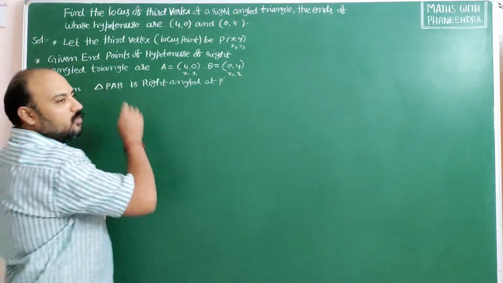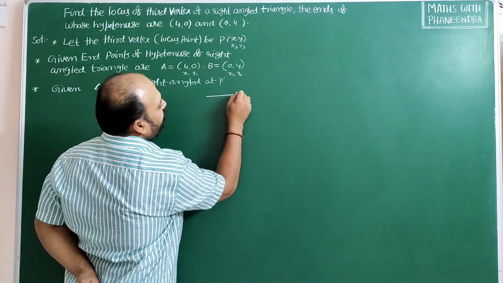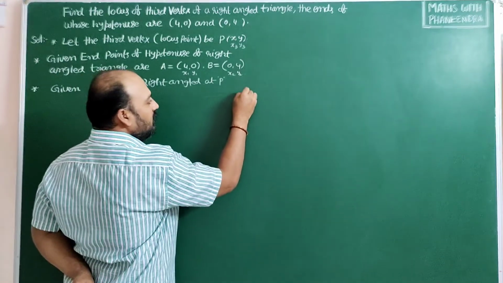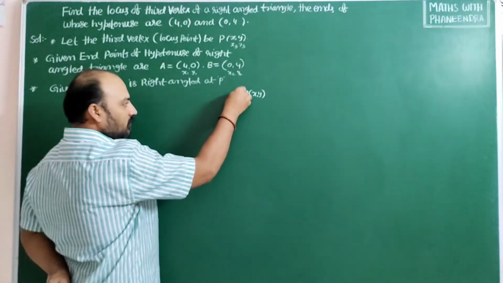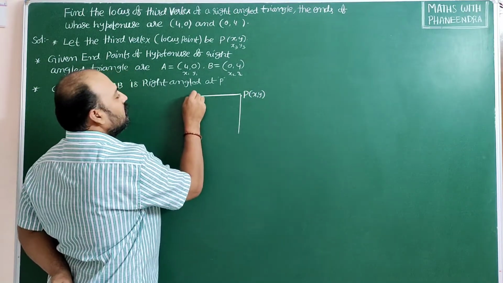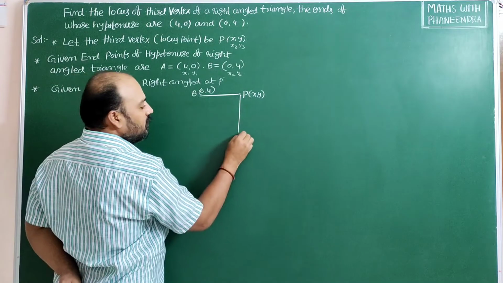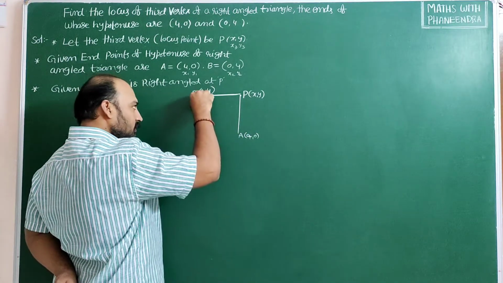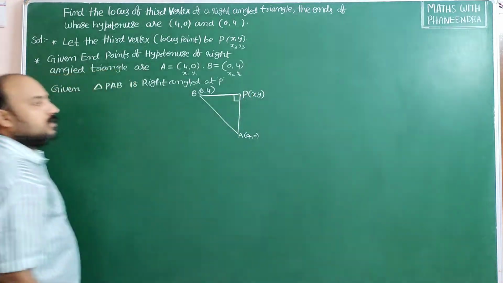According to the question, the figure will come like this, dear students. The locus point will be here, P of x comma y. Here the point B I am taking 0 comma 4, and here the point 4 comma 0. So here it is making a right angle.